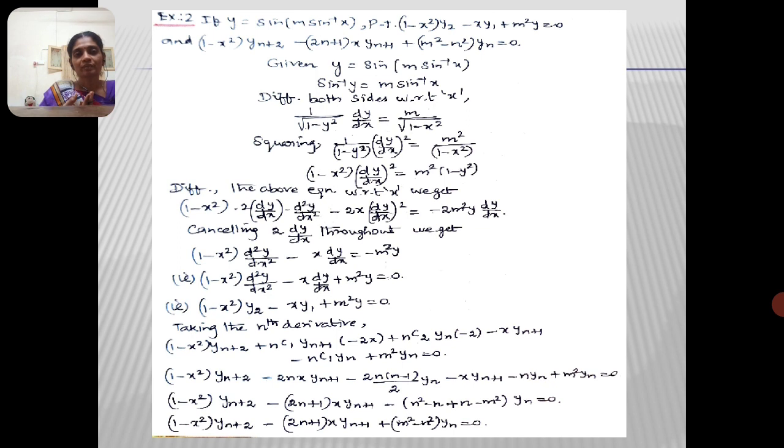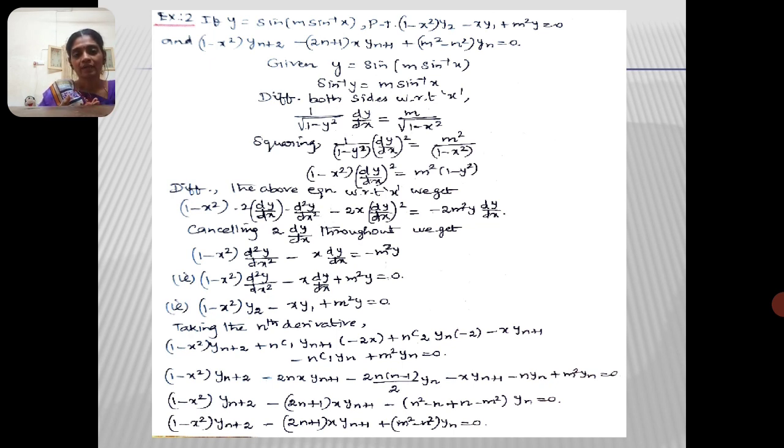So 1 minus x square nth derivative of y2 minus nth derivative of xy1 plus nth derivative of m square y equal to 0. So we write the nth derivative for all the terms.